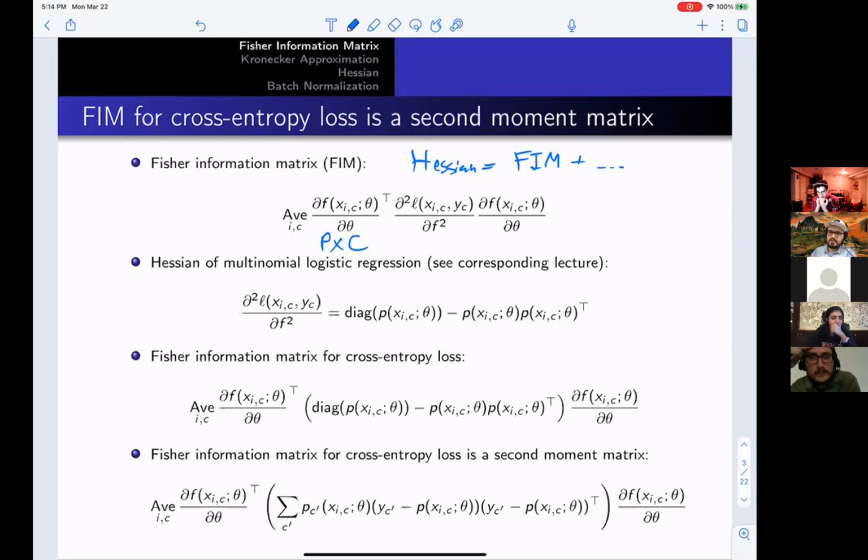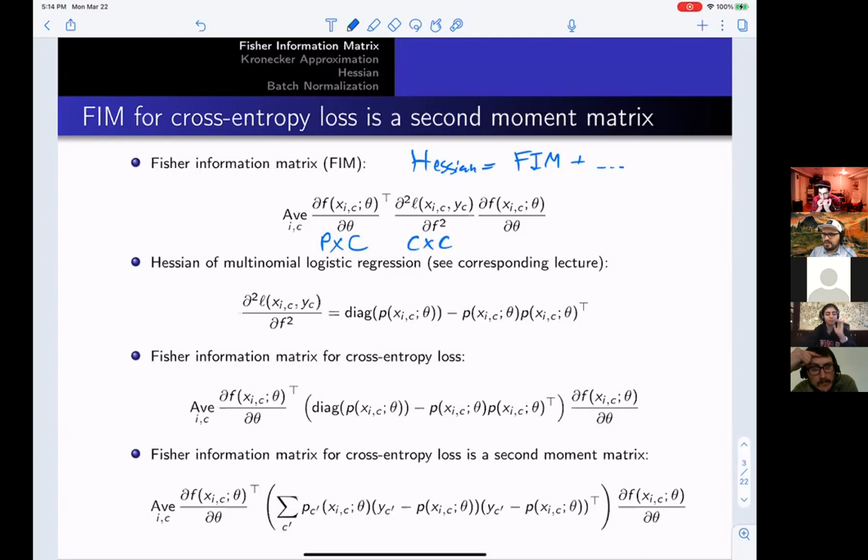Make sure you understand the dimensions, otherwise you will get lost in the sea of mathematical expressions. The second quantity is the second derivative of the loss with respect to the logits. So this is a C by C matrix.